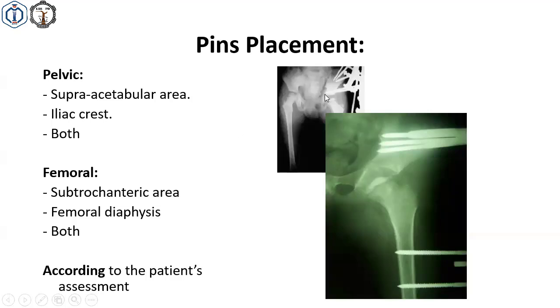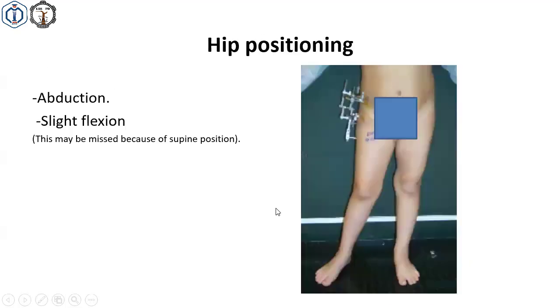Pin placement may be pelvic or femoral. Pelvic may be supra-acetabular only, and may be supplemented by pelvic rods, pelvic pins also, or Schanz pins, and the femoral may be in the femoral shaft itself, or in the subtrochanteric area of the femur, according to the size and the preference of the surgeon.